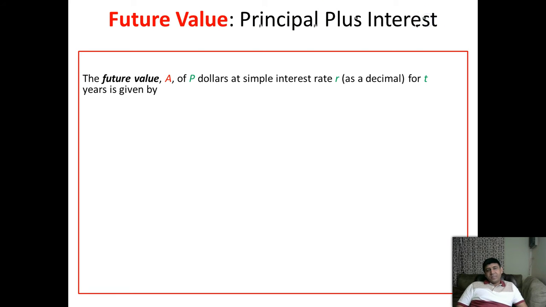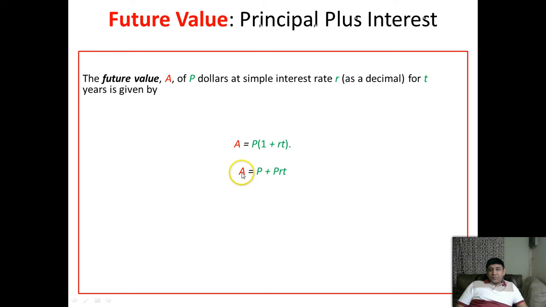That's it. So a future value, which we represent by A, of P dollars at a simple interest rate of R for T years is given by this formula here. A is equal to P times (1 plus RT). If I expand it out, you see that this is just I is equal to PRT, and this is what you started with originally.